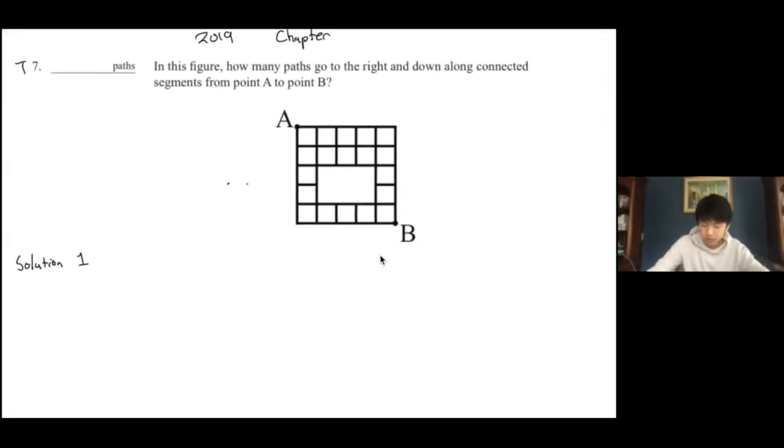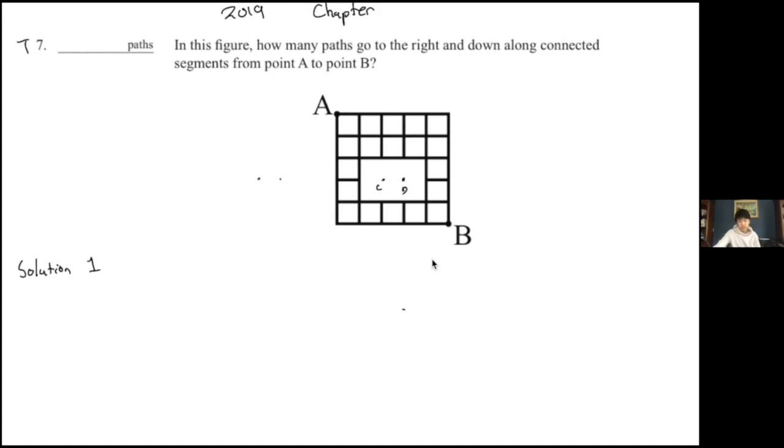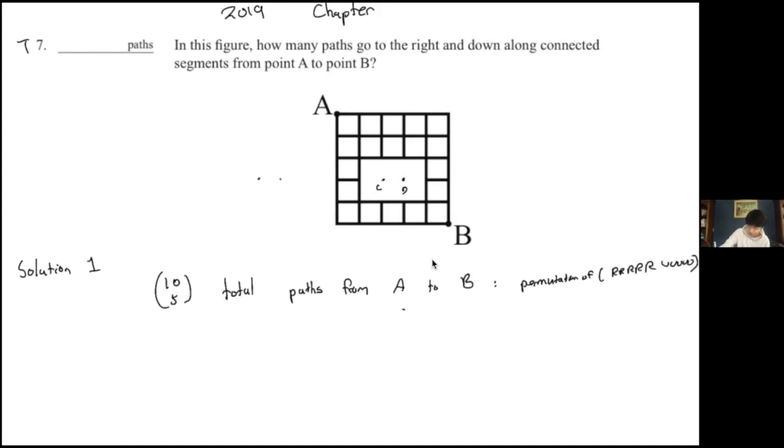What this problem is asking for is the number of paths from A to B which don't go through either C or D. There's 10 choose 5 total paths from A to B, because each path corresponds to some permutation of R's and D's.